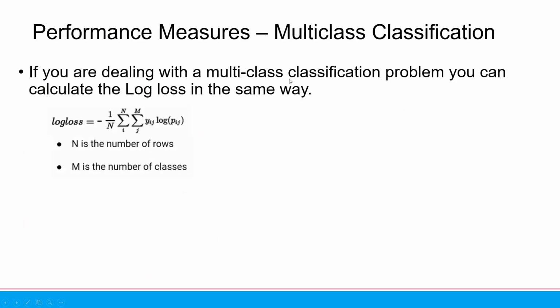You can also use this way for the log loss of multi-class classification. We have Yij log Pij. And then we will do the accumulation for all the rows, and we will do the accumulation for every one of the classes.